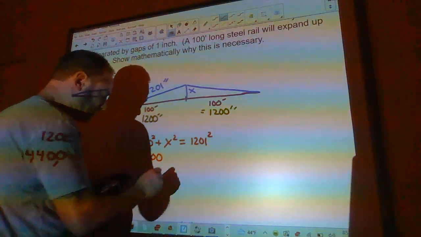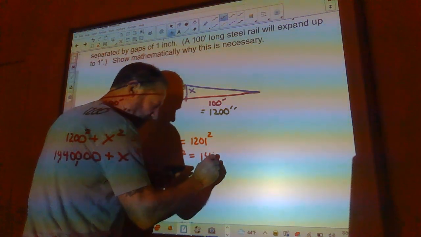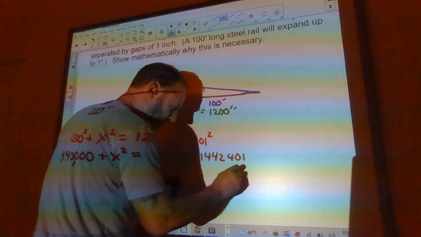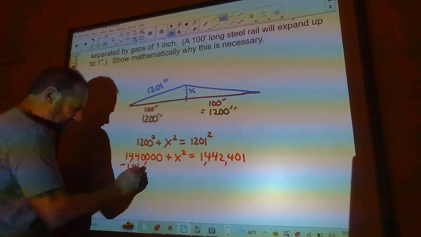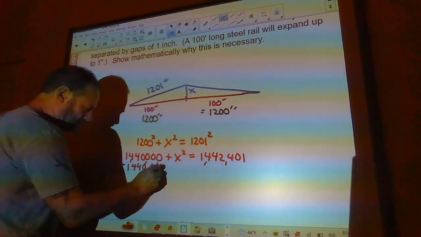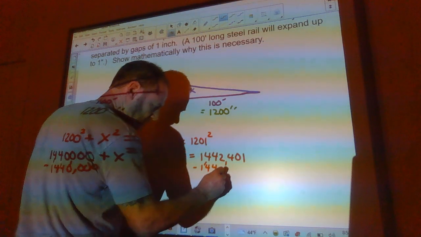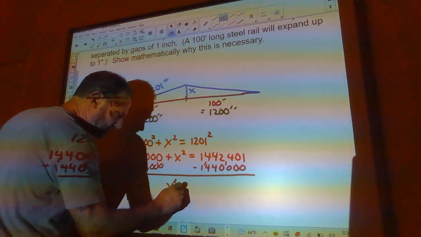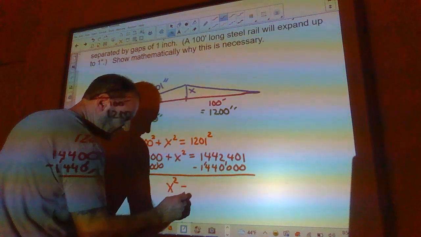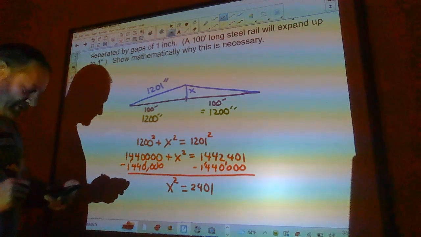This is going to be 1,442,401. So I'm going to go ahead and subtract this from both sides. And I'm going to get x squared is equal to 2,401. And then I'm going to square root that.